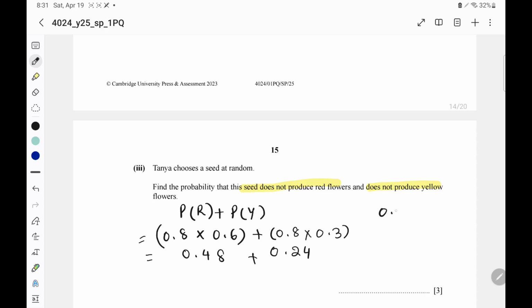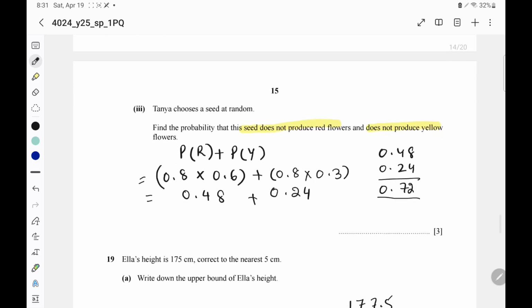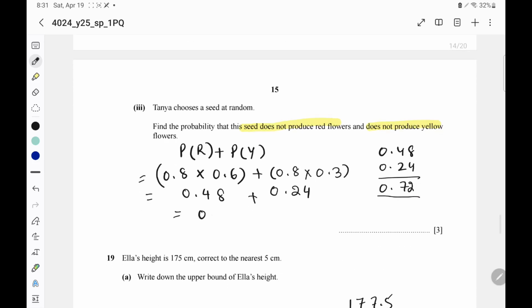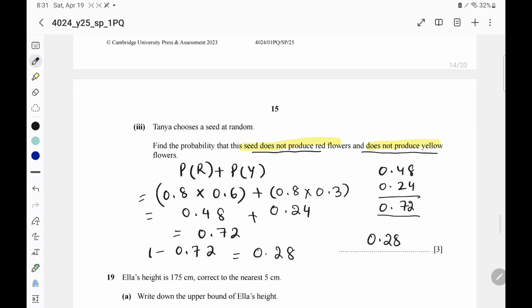So 0.48 and 0.24, 8 and 4 is 12, 0.72. We subtract this much because we don't want this. So the probability for no yellow and no red will be 1 minus 0.72, that is equal to 0.28. So 0.28 is the answer for this part.